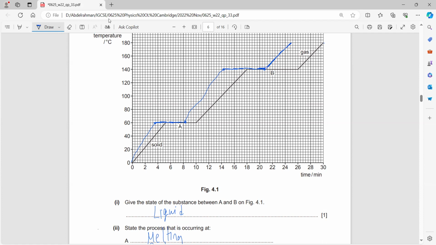Yes. Okay. Maybe the last one needs to be a bit steeper. That's it. Any questions? Next question. You're done with the graph.